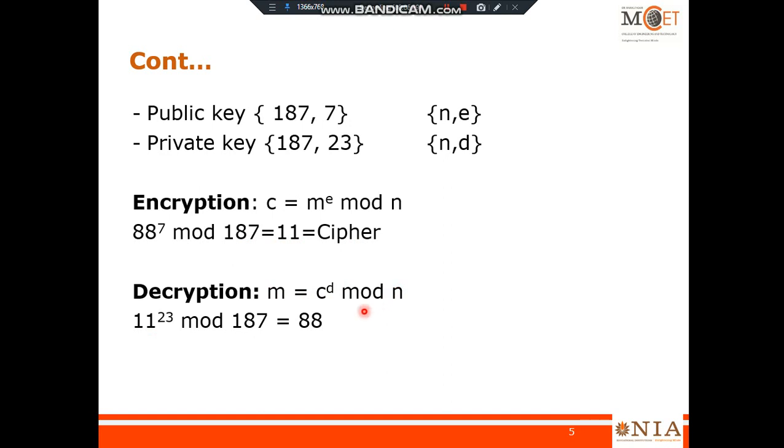Here your ciphertext is 11. So 11 to the power D, which is 23, 11 to the power 23 mod 187 is nothing but 88. So you are able to perform encryption as well as decryption using the RSA algorithm.